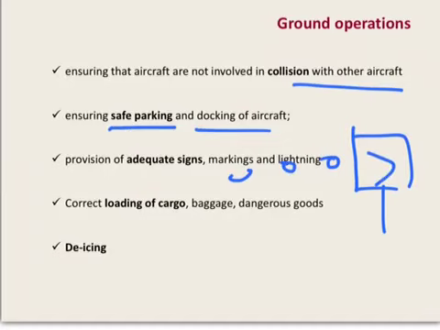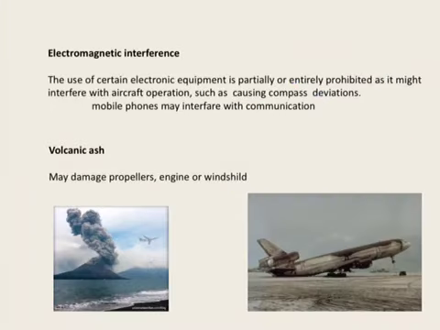Cargo and baggage while loading and offloading can be a source of danger if not properly handled. And in airports with very low temperature where de-icing is necessary, these activities should be carefully done in order to avoid dangers. Another source of danger could be electronic interference, as for instance from mobile phones during landing and taking off.